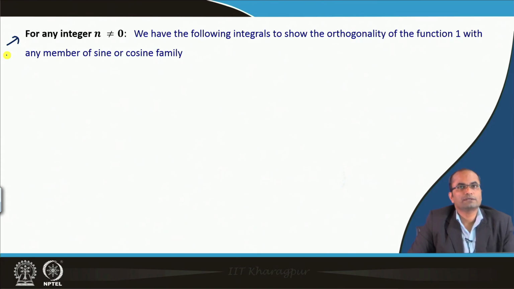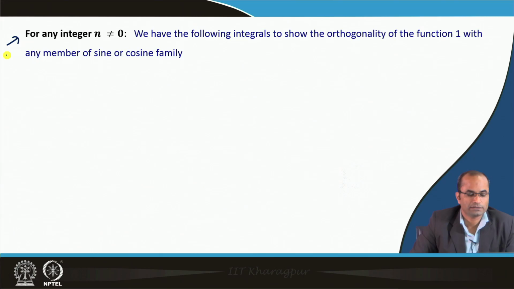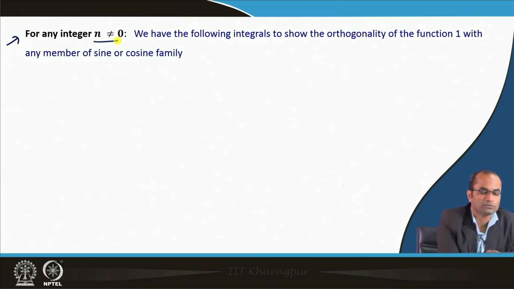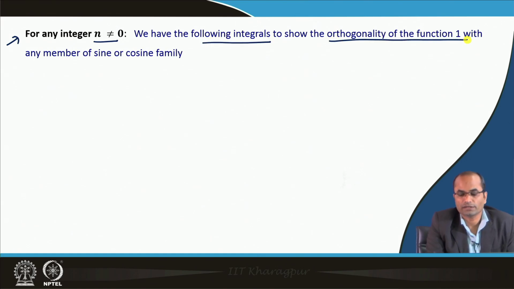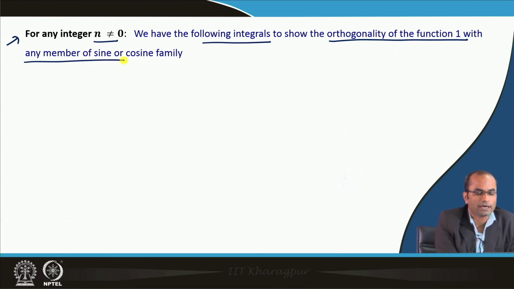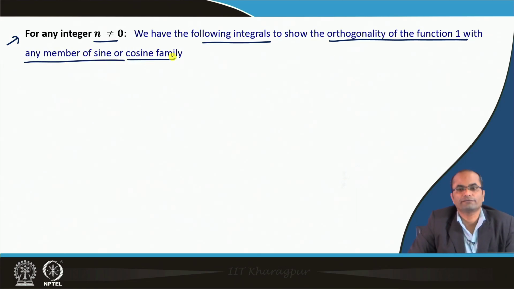First, we are considering that n is an integer, but not equal to 0. And then we have the following integrals to show the orthogonality of the function 1 with any other member of the sine or cosine family.